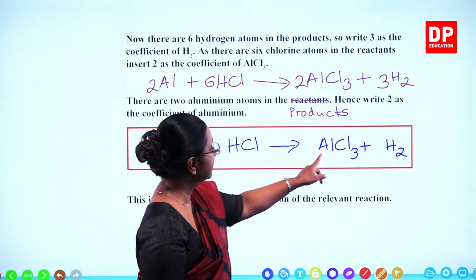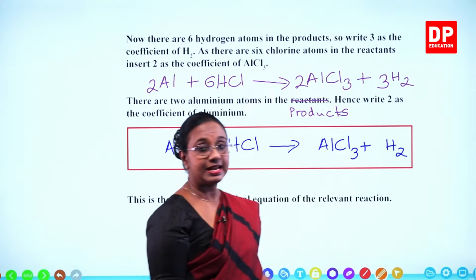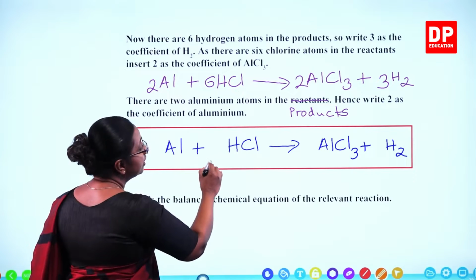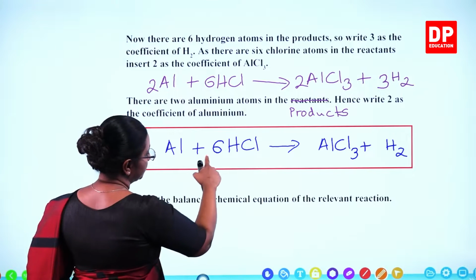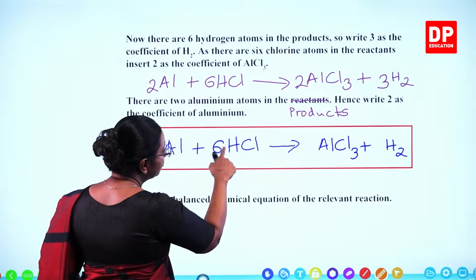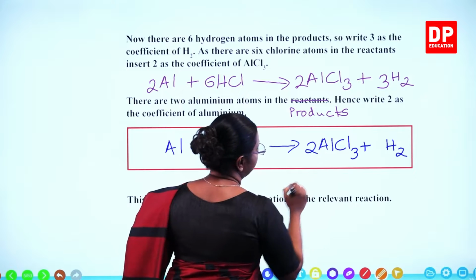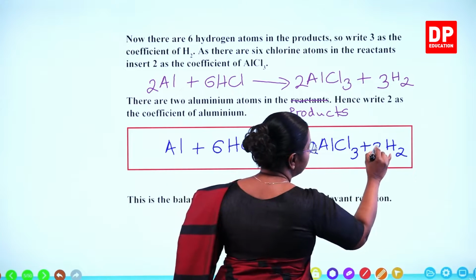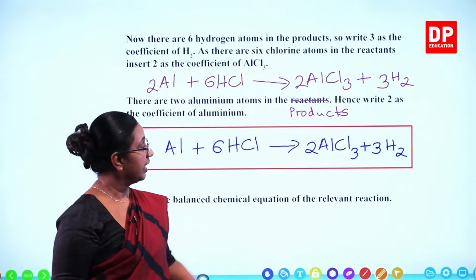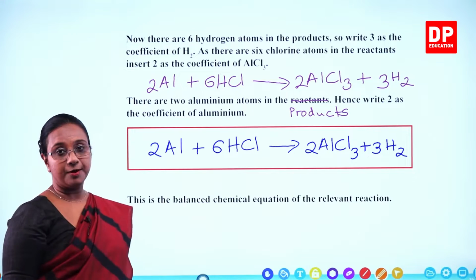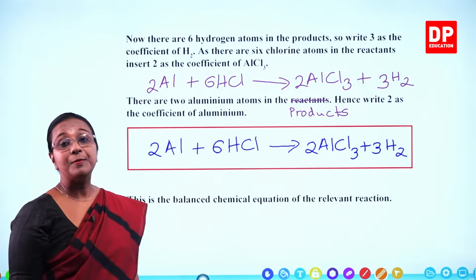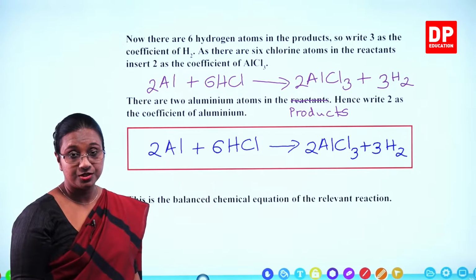In order to balance the chlorine, 3 chlorines and hydrogens, we put the least common multiple 6 in front there. So 6 HCl. Then to balance those, we put a 2 in front of AlCl3, 3 in front of H2. And then to balance aluminium, we put the 2 there. So you have the balanced chemical equation.